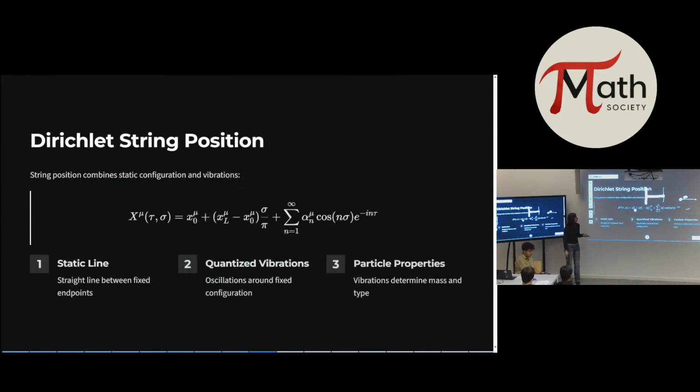Okay, also we have the string's position. In the upcoming formulas, for example with the interaction of strings, it's important to understand the basic concepts of movements of strings, because it's not only dependent on the static line and the position between the points, it's also dependent on this part, which is the vibration oscillators.